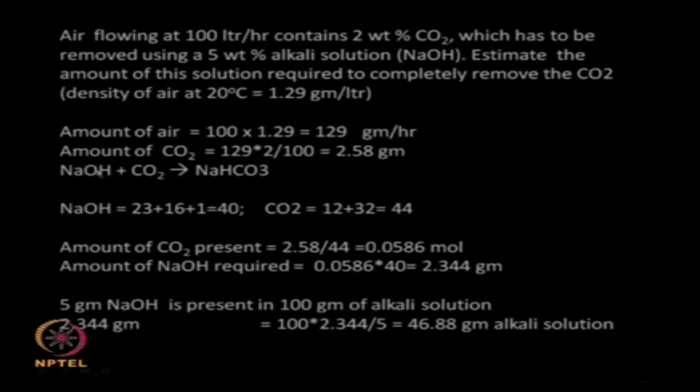So 1 mole of sodium hydroxide is required for 1 mole of carbon dioxide. Now if you look at the molecular weight of sodium hydroxide, sodium is 23, oxygen is 16, hydrogen is 1, so that comes to 40. Carbon is 12, oxygen is 16 times 2, that is 32, so 44. So the molecular weight of sodium hydroxide is 40, the molecular weight of carbon dioxide is 44, right.